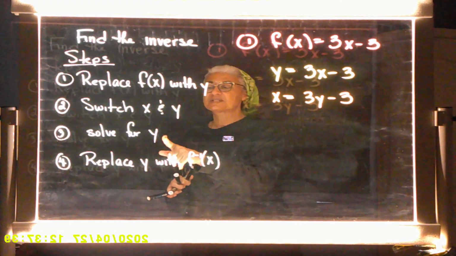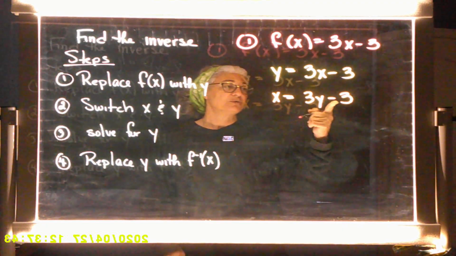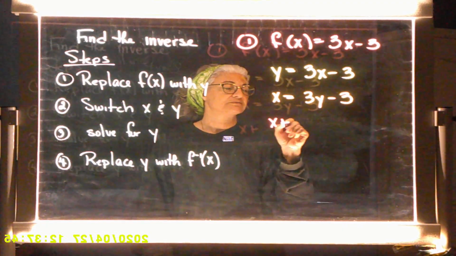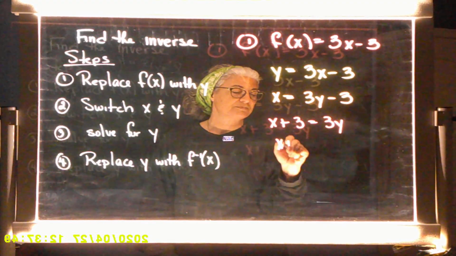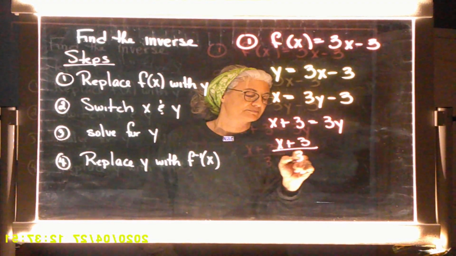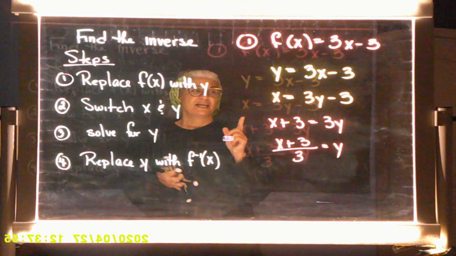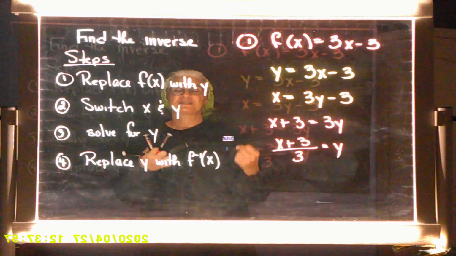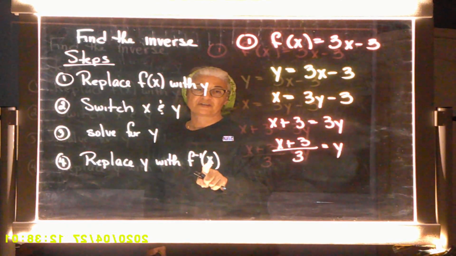The third step says to solve for y, so I need to get y by itself, which means I'll add the 3 over. And last but not least, I'll divide by 3. Good? Okay, and then the very last step says, replace y with f to the negative 1 of x.